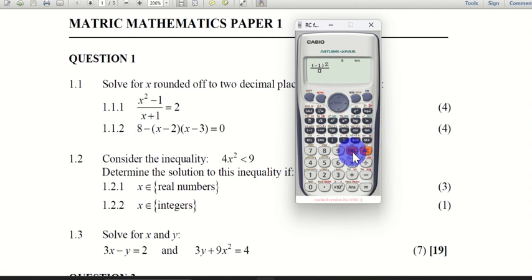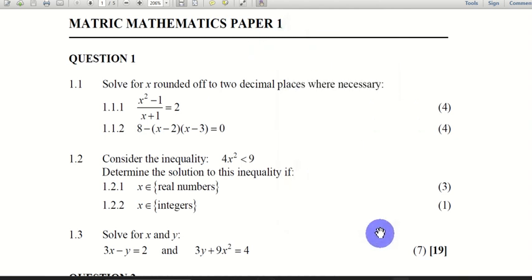Square that, minus 1, and we get what is this? Negative 1 plus 1, and I type the equal sign. What happened there? Math error. You can tell me why. Because the denominator is going to be equal to 0.